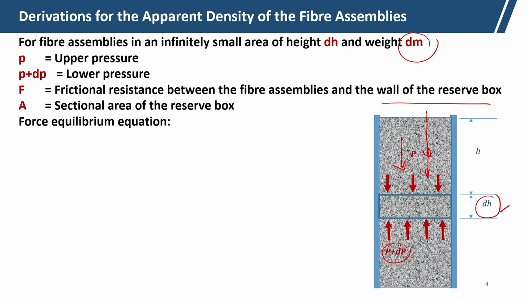Now, if we try to equalize, the force equilibrium equation becomes, if you see, A is the area, P plus dP is the pressure at the bottom, dP is the pressure exerted by the fiber mass of depth dH.